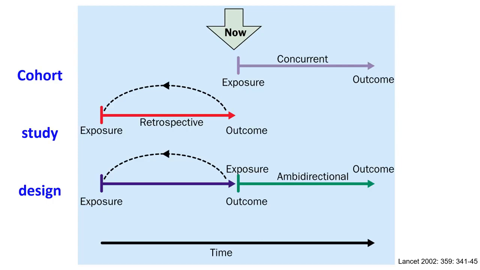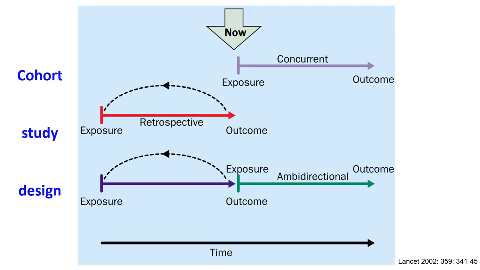So if you compare between the two, in a prospective cohort design, we are starting the study now. None of the study participants have developed the outcome of interest. We divide them as exposed and unexposed, and we follow them into the future.